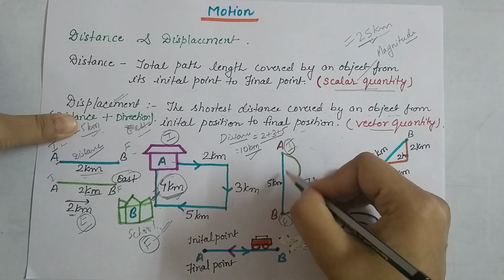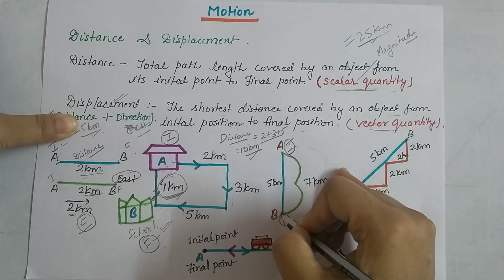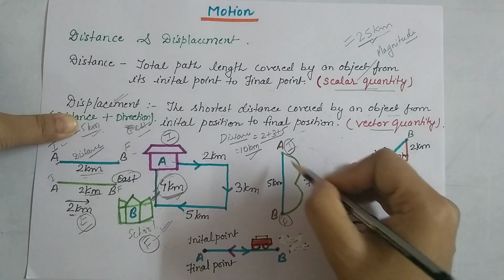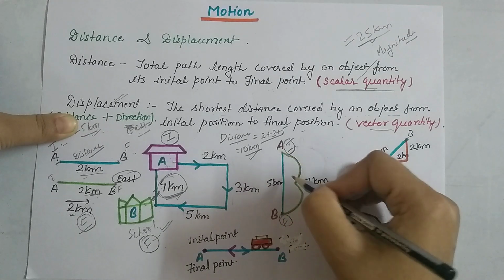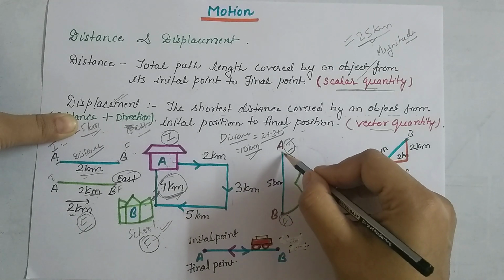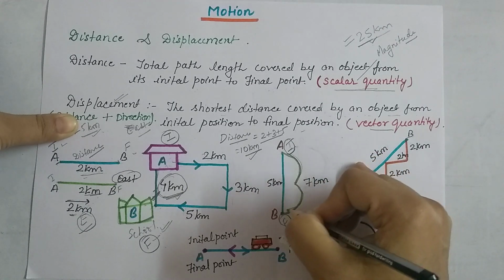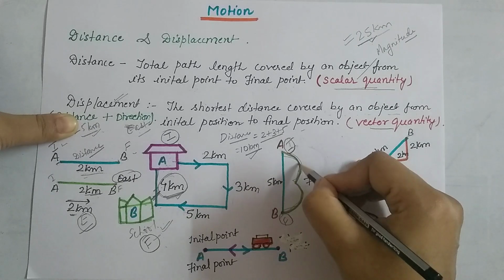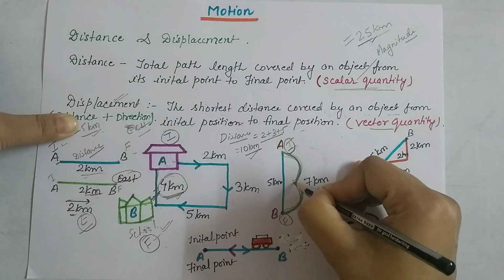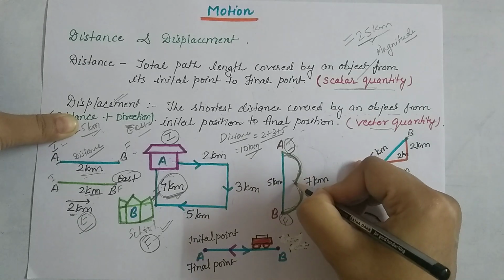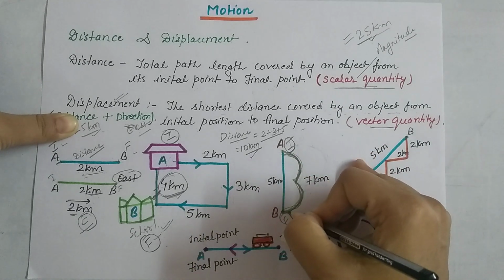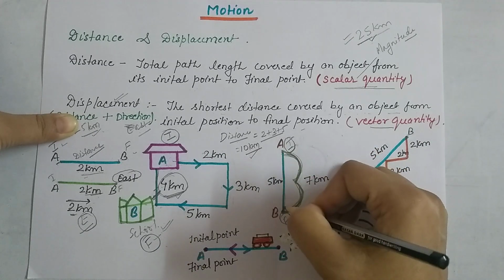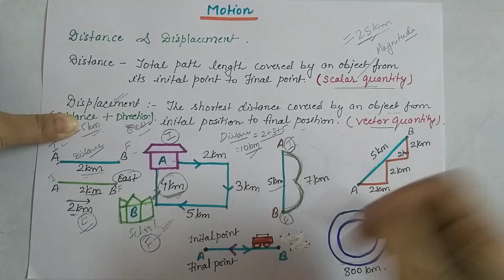He is able to reach the final point in a straight line, but due to some traffic jam he has to come through this longer path. This length of the path shows the distance, how much length he covered, and the shortest distance from initial to final is the displacement.